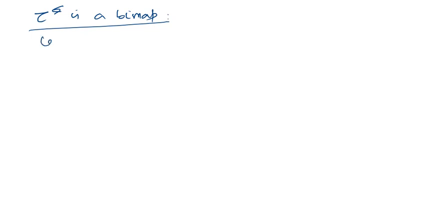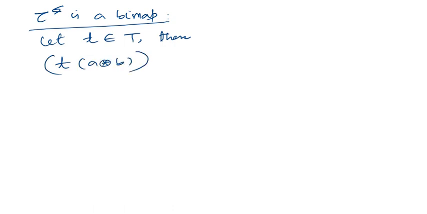Let T belong to T, then T times AB of tau natural is equal to T A tensor B of tau natural, by definition of the left action.